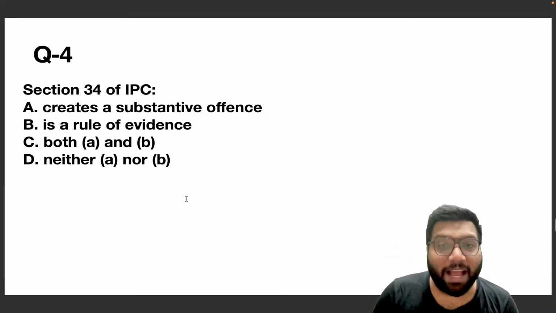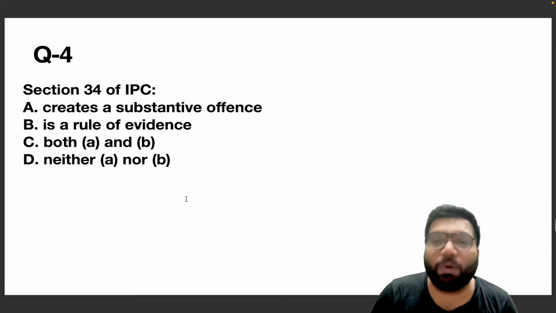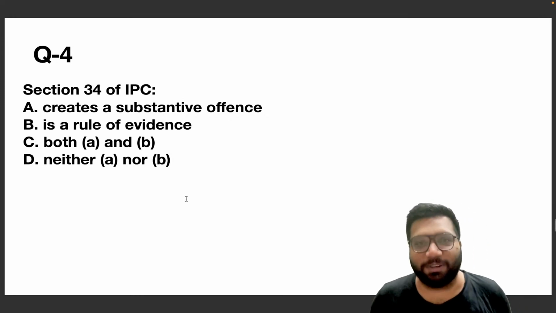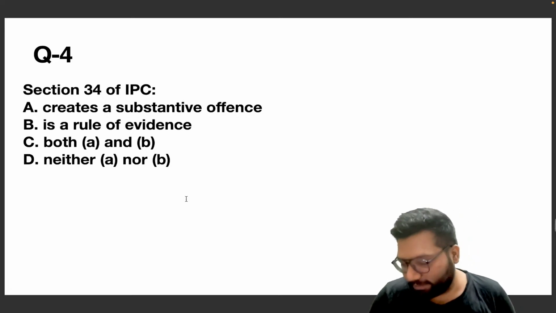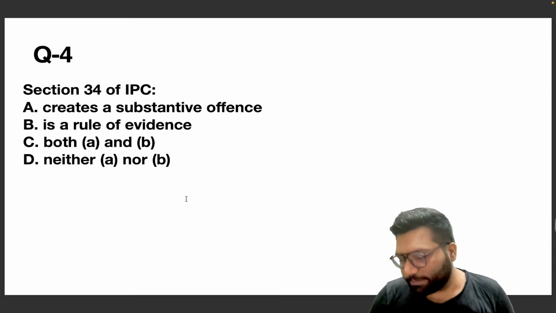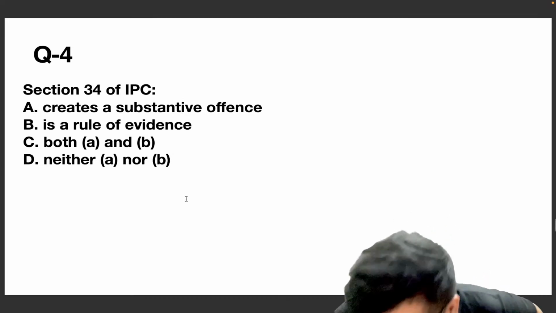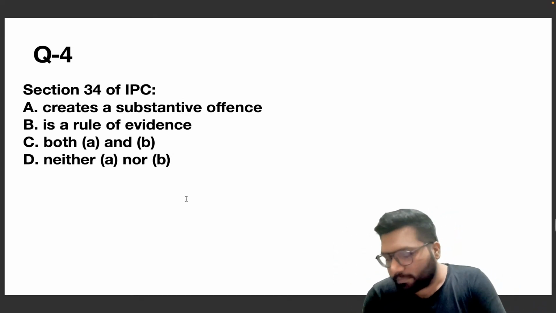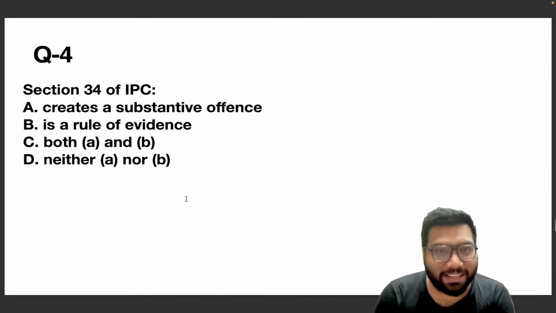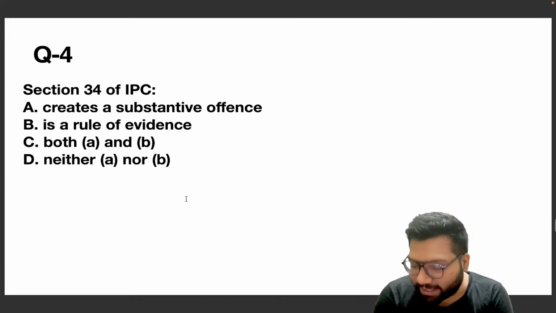I'm just assuming, I know this very well, that each one of you knows what section 34 is. But you have never answered this question. What is section 34? What is that key word which is section 34? Anyone? Okay, this is something which I was expecting.